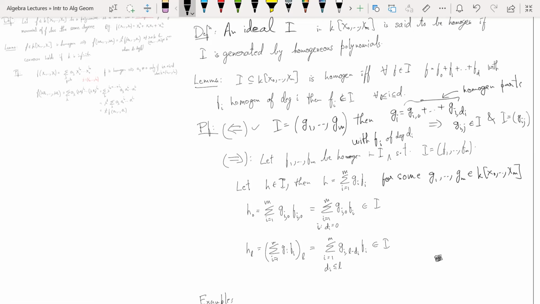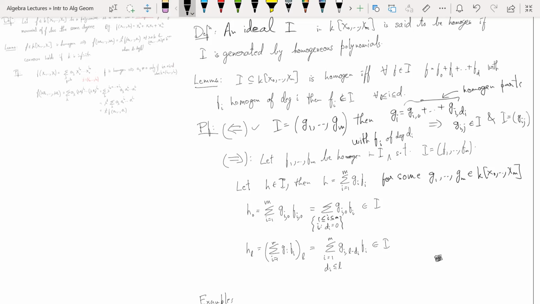Maybe I should write here instead of this ambiguous thing: i between 1 and m, and d_i should be 0. You take the sum over these.